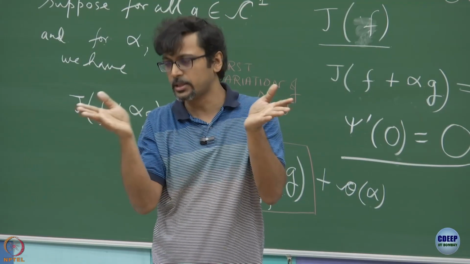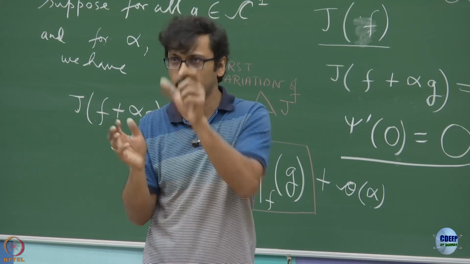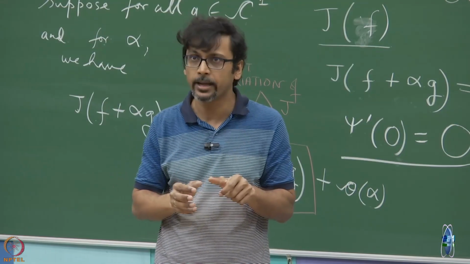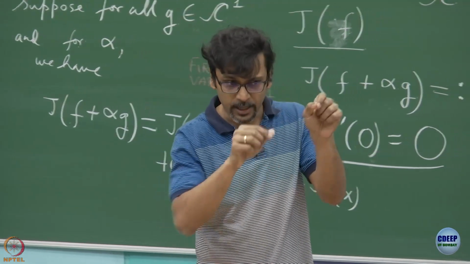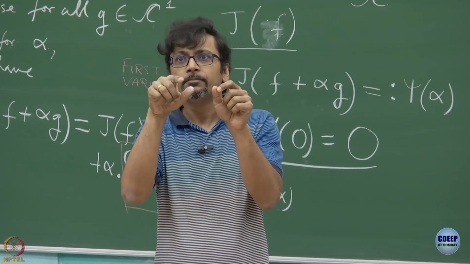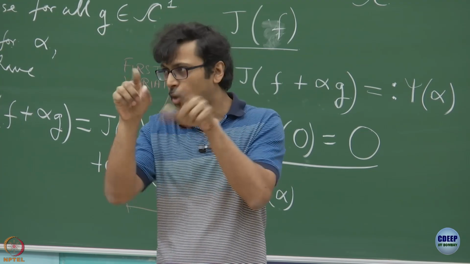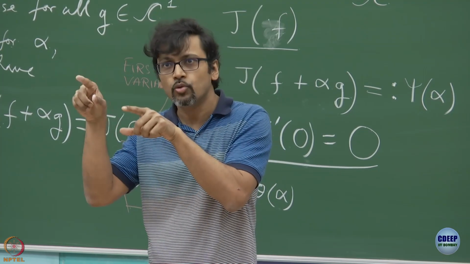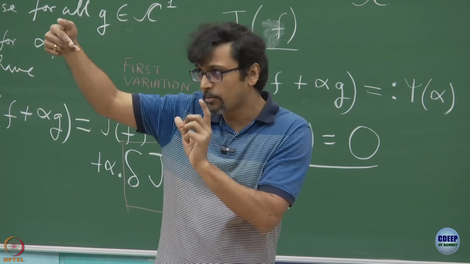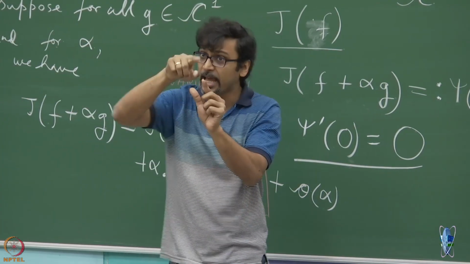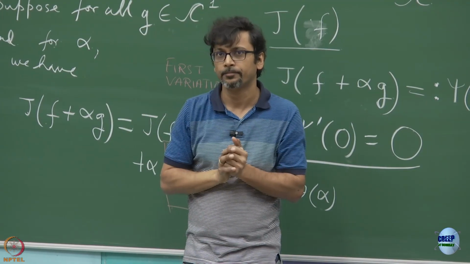Say in 2 dimensions, in 2 variables, you have x and y as your independent variables. So f of x comma y, and you say f of x plus alpha h1 and y plus alpha h2, which is essentially going to talk about the derivative along the direction of the vector h1 comma h2, right?